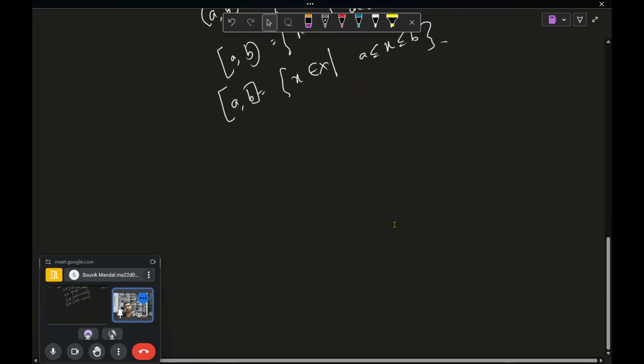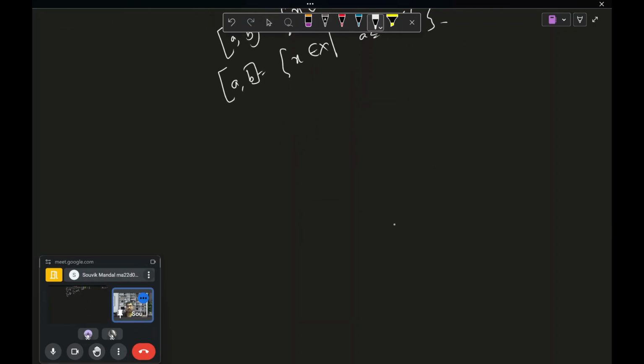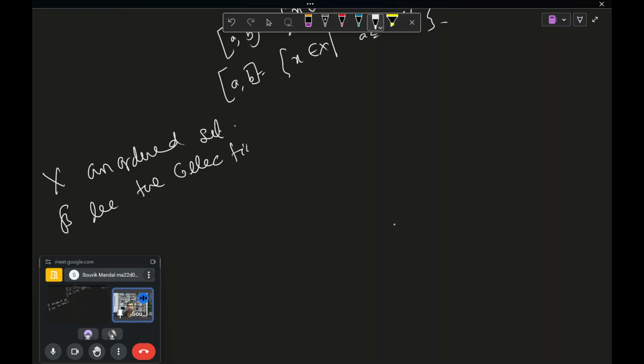Now the definition goes as follows. We have X, an ordered set. Now let beta be the collection of all sets of the following type.